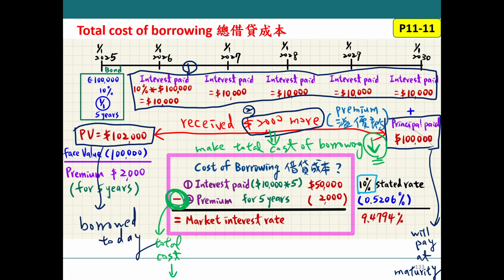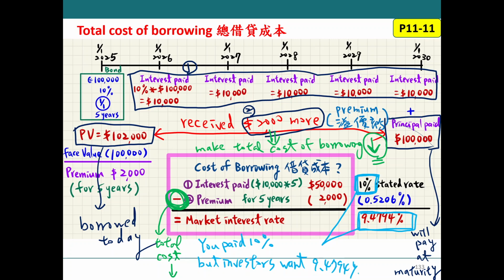You pay 10%, but investors only want 9.4794%.